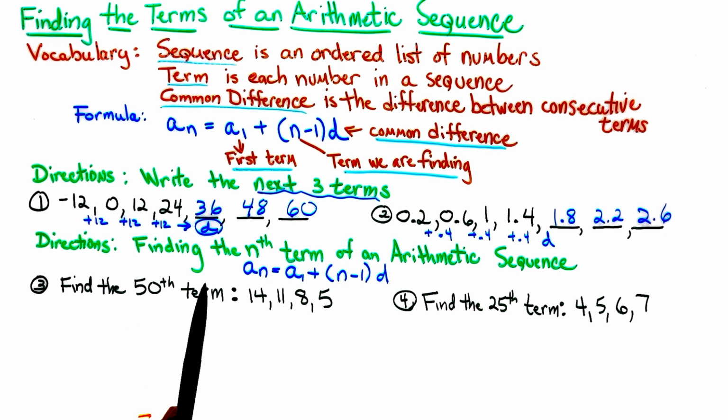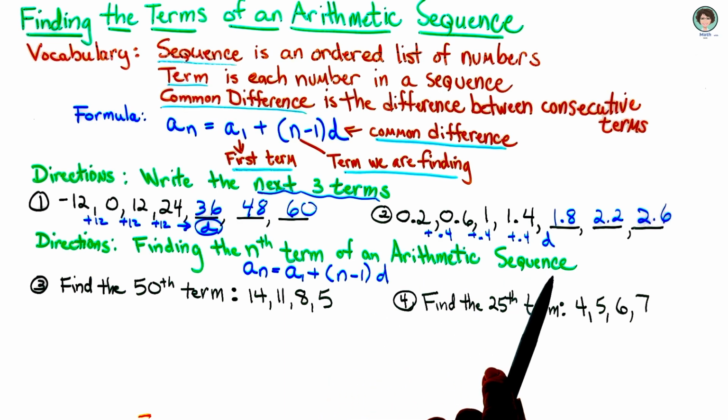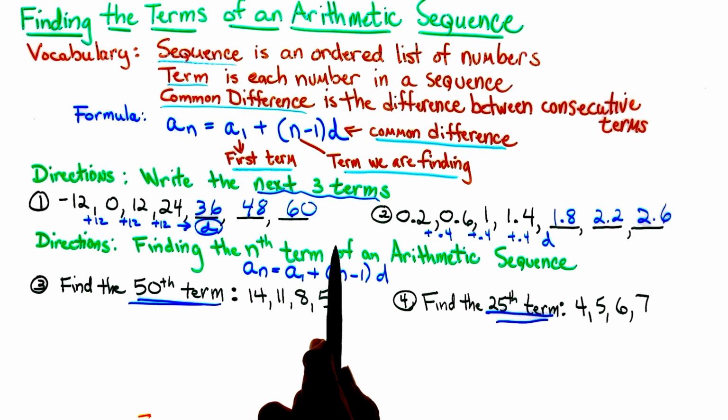But what if the directions are asking you to find the nth term of an arithmetic sequence? In other words, I don't want the next three, I want the 50th term, or I want the 25th term. We definitely do not want to go ahead and just list them all. So that's where we use our formula that we have here.